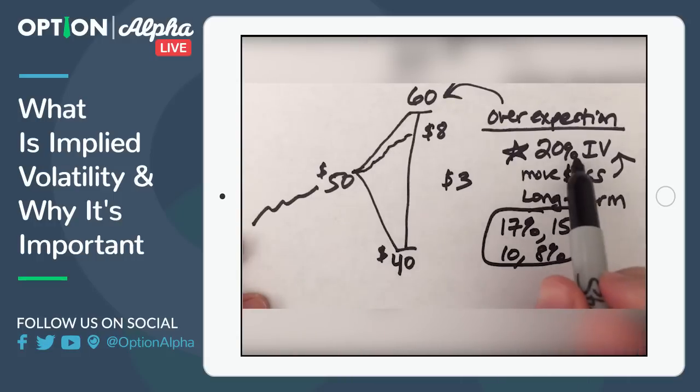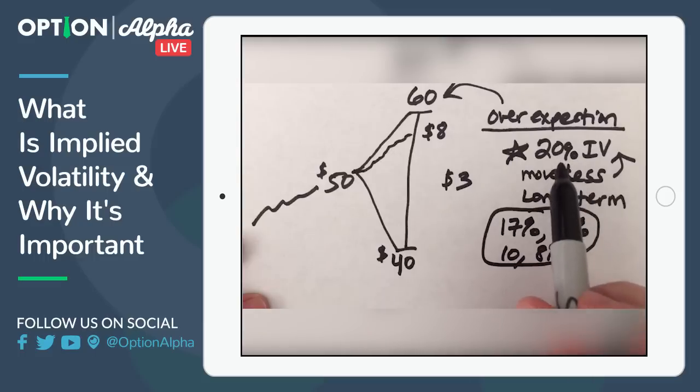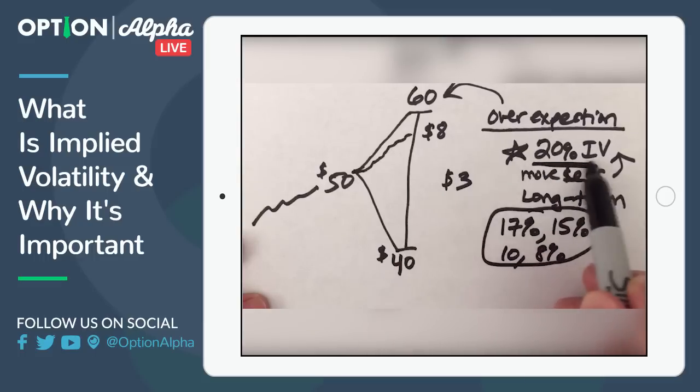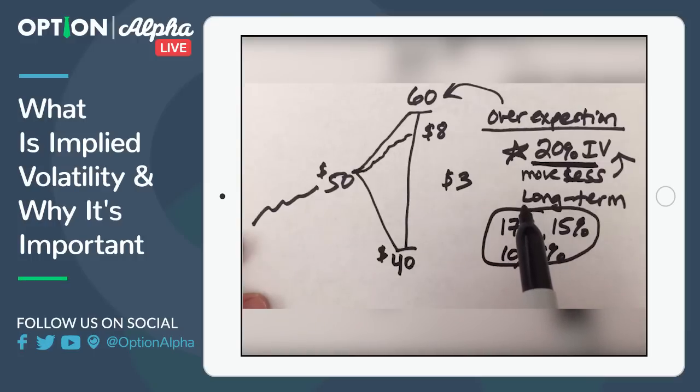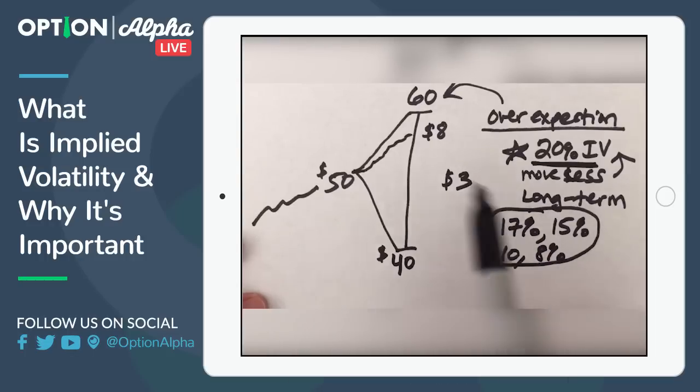Now, it could move more than that here and there, right? So it's never going to be 100% probability of success. But long term, the markets always overestimate, and market participants always overestimate how far a stock might move up or down. Now think about this logically, right? We're really bad as human beings.